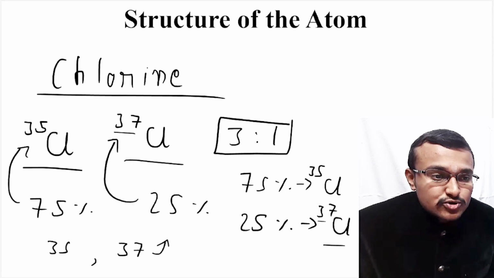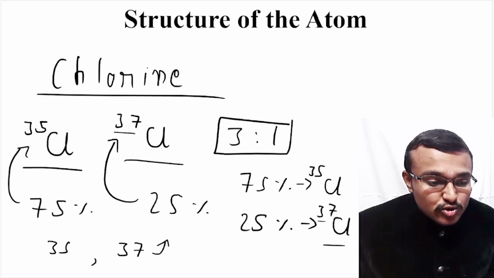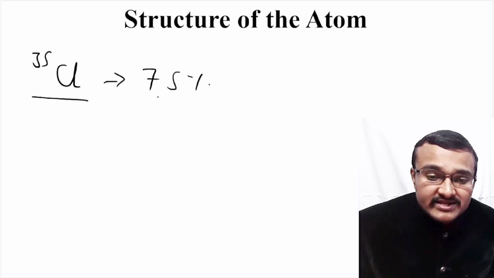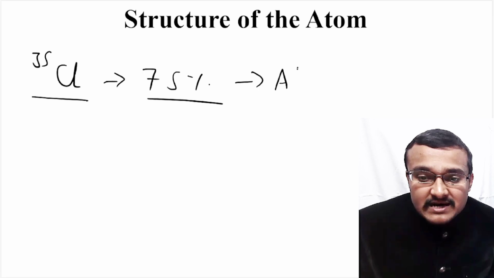To calculate the atomic mass number of chlorine, you should consider both the isotopes. The first isotope, chlorine 35, has 75% abundance.